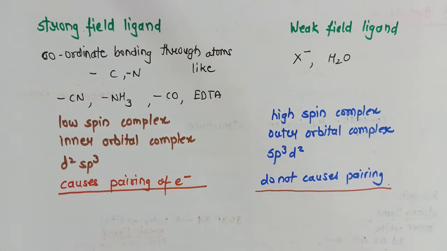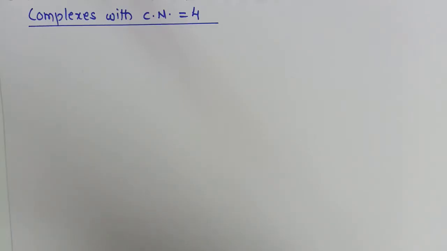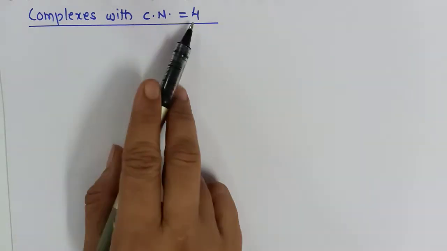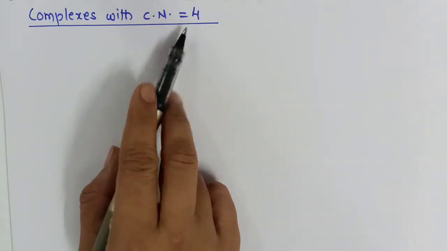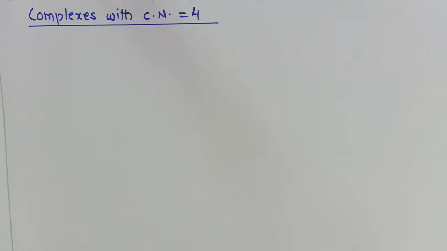Now when we are clear with the concepts of strong field ligand and weak field ligand, we'll solve some examples based on VBT. We'll begin with the examples of those complexes which show coordination number 4. In this particularly I am going to take the examples of nickel complexes, as nickel complexes are frequently asked questions in JEE.